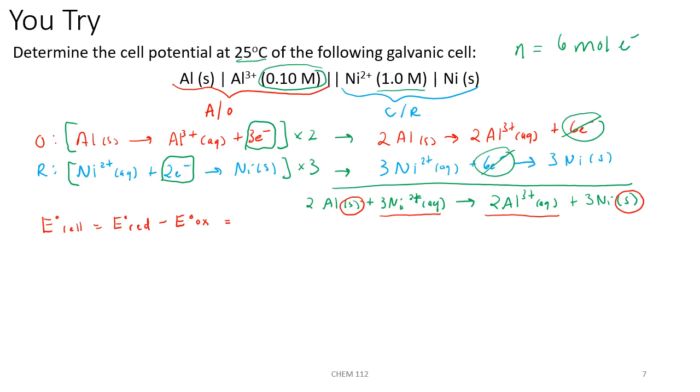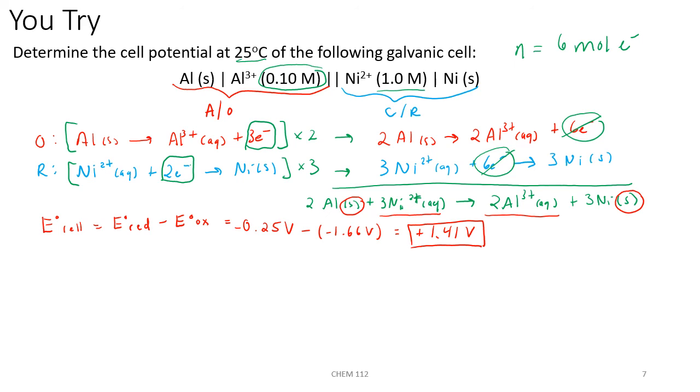And so if we look up our reduction potential for the reduction of nickel, that should give us a negative 0.25 volts, and that's going to be minus our reduction potential for aluminum, and on our chart that gives us a negative 1.66 volts. So our standard cell potential comes out to being a positive 1.41 volts. So we'll keep that around and box it in until we're ready for it.